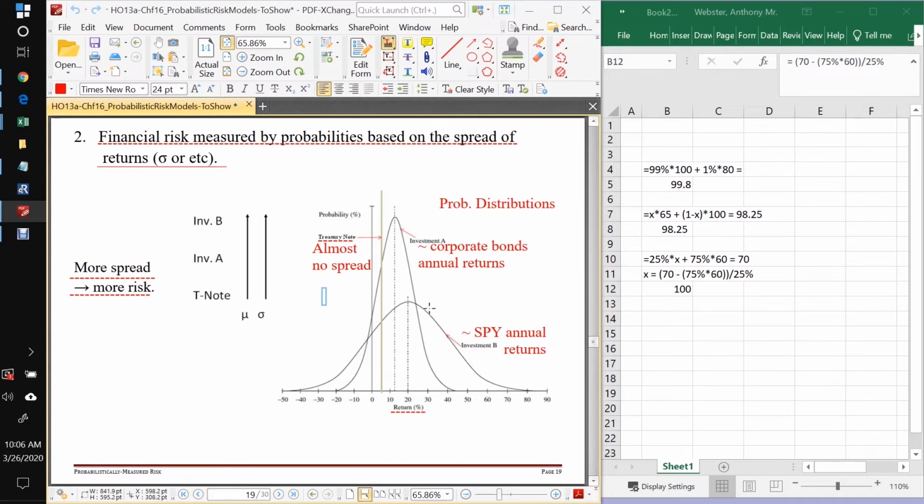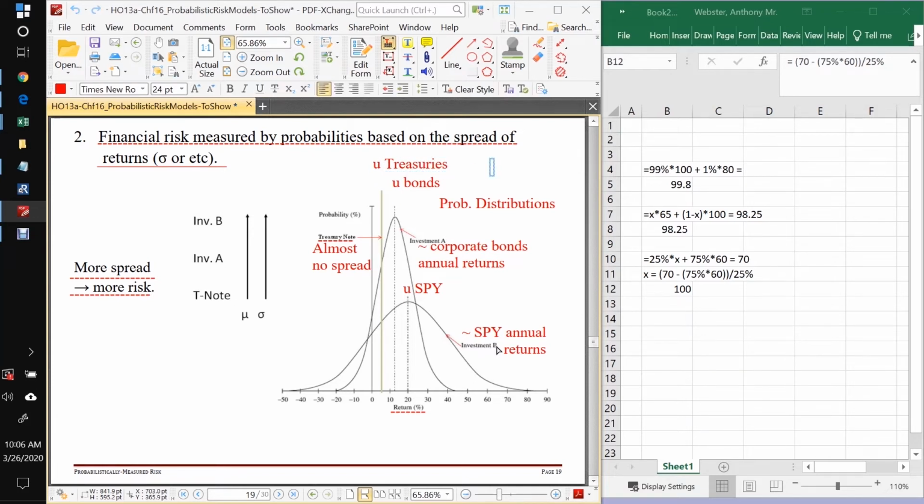The other thing that's important to notice is that as we take on more risk, denoted by the wider spread, we have a higher reward, a higher expected value. The expected value of the SPY is higher than the expected value of the bonds, and that's higher than the expected value of the treasuries.